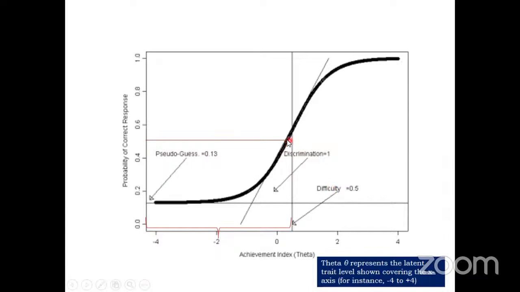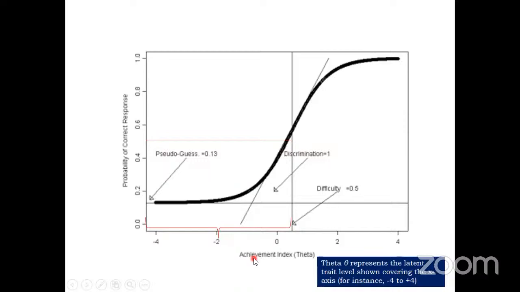I hope the spotlight is visible to all of you. We are drawing this horizontal line from the 0.5 level to the slope of this S-shaped curve, and if you draw this perpendicular on the x-axis, this particular region shows us the location of an item on the trait level, the theta level.